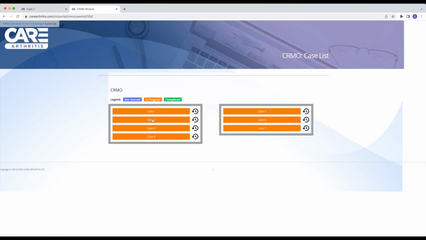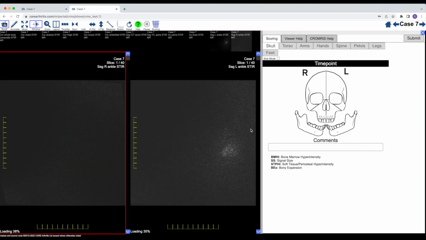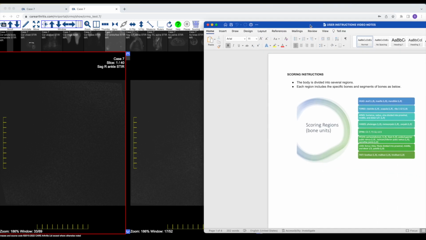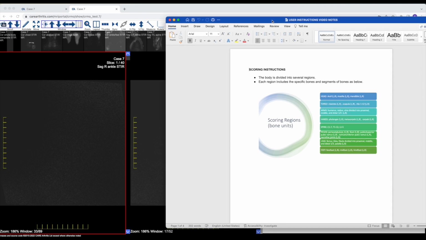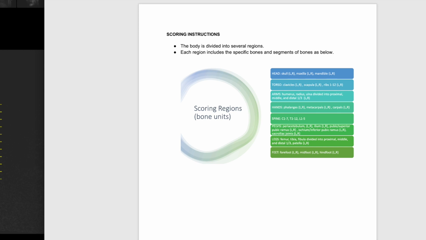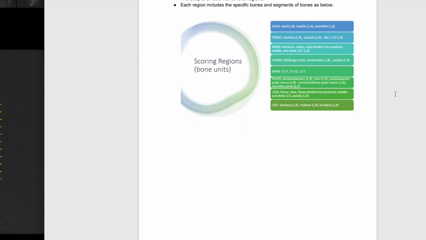So first we're going to get to the CARE arthritis page, and I'm going to go to case 7. To get a general idea of what we're talking about, we have divided the body up into several regions. Each region includes specific bones and segments that we've divided up below.